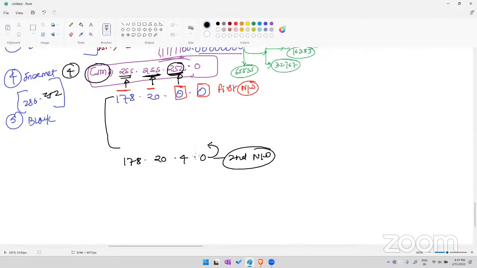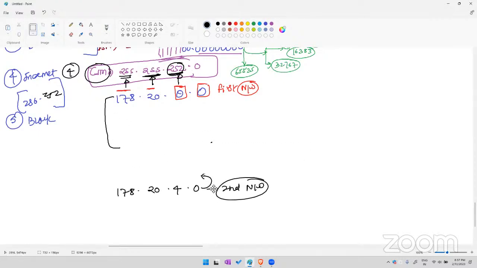Before 4.0, which value is coming in the octet? 3.255. Very good. 178.20.3.255 is which address? A broadcast.